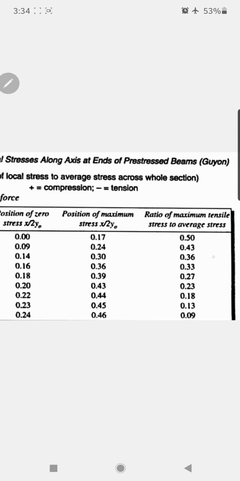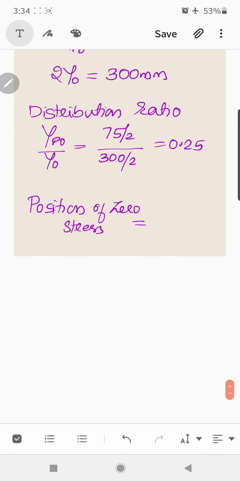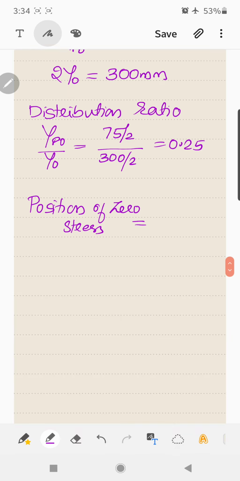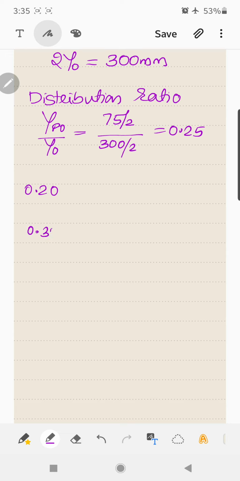And for the ratio of maximum tensile stress to average stress, we need to interpolate between 0.36 and 0.33. So for 0.2 you have one value, and for 0.3 you have another.